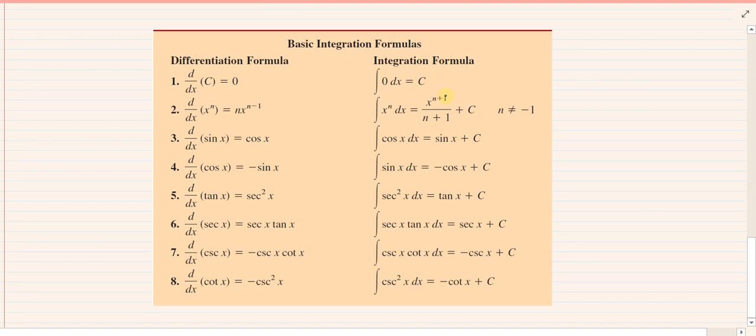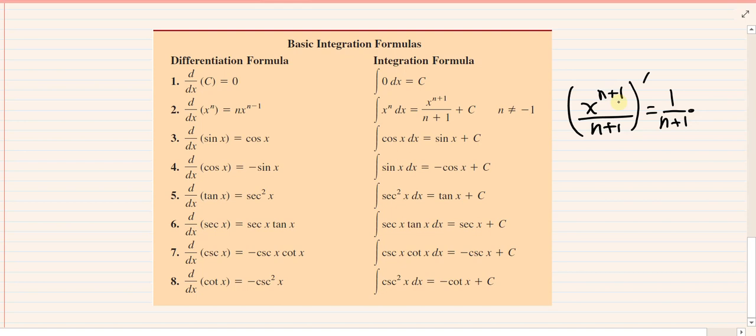Okay? And you can see when you take the derivative, let's take the derivative of x to the n plus 1 over n plus 1. If you take that derivative, well, n plus 1 is a constant in the denominator, so that's just 1 over n plus 1.